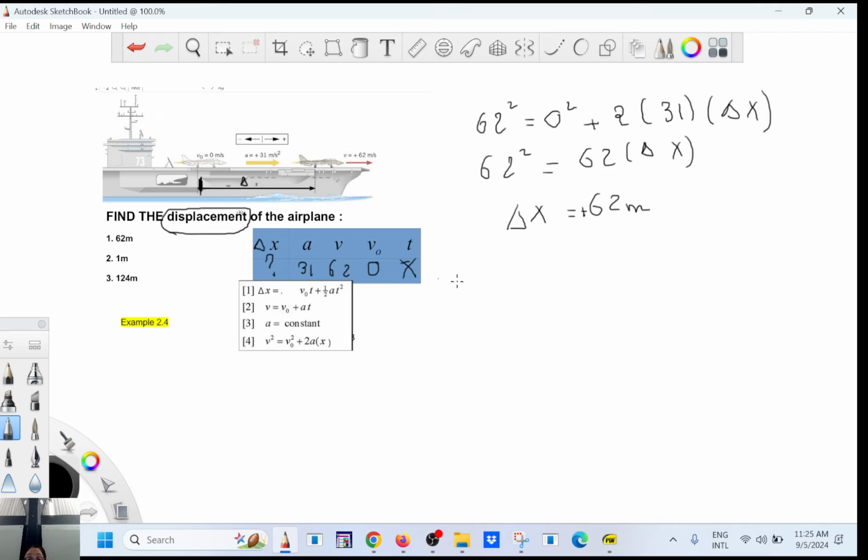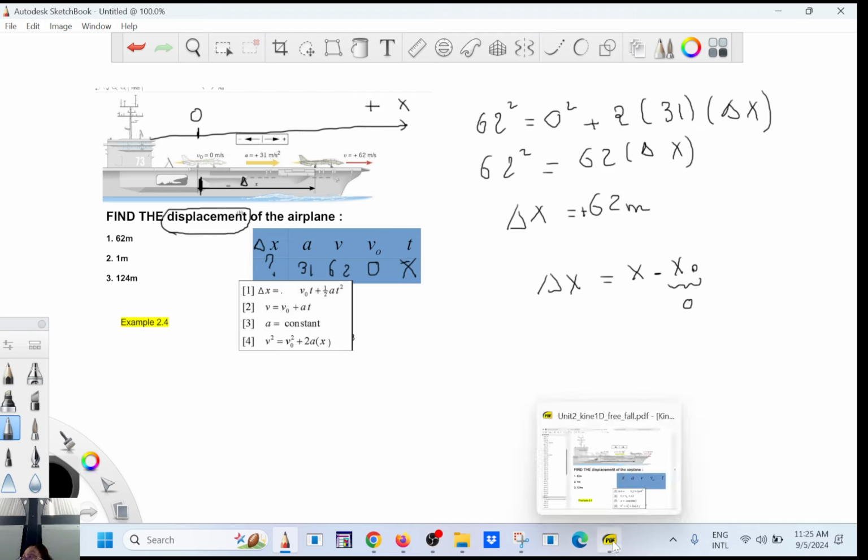It just happened that the displacement is the final position minus the initial position, and we can decide that's going to be 0. So you should do the number line, and here the position is 0 to begin with. This is plus, you see, plus and minus. Okay? So you see, it's not that hard.